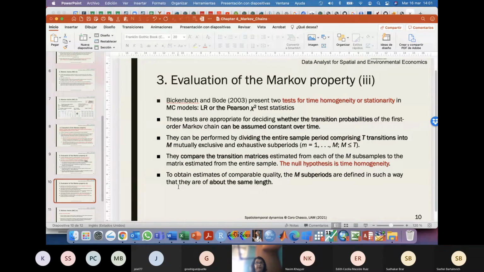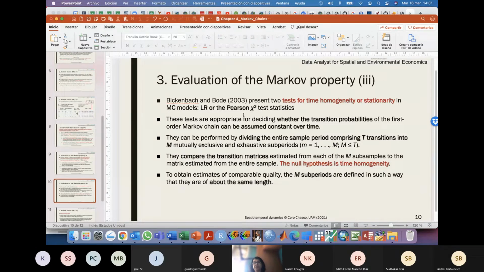Okay. So Bickenbach and Bode present two tests for time homogeneity or stationarity. These two tests are present in SDAR, and it is interesting to analyze this time homogeneity. These are the likelihood ratio, the LR, and the Pearson's chi-square test. They are two quite similar statistics, and the outcomes are more or less the same.